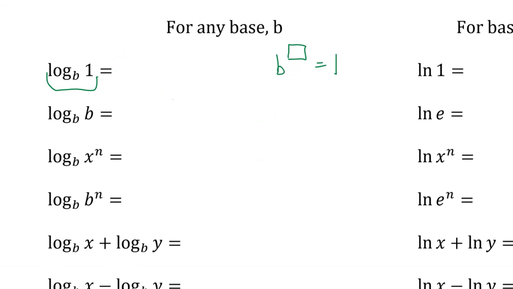And if you remember from MHF, the big deal that I make when you're trying to remember how logarithms relate to exponents is that the base stays the same. So this is a base of b, and this is a base of b. The base stays the same, which means the 1 has to go to the other side, and the thing I'm looking for is the exponent. So b to what exponent equals 1? The answer is 0.